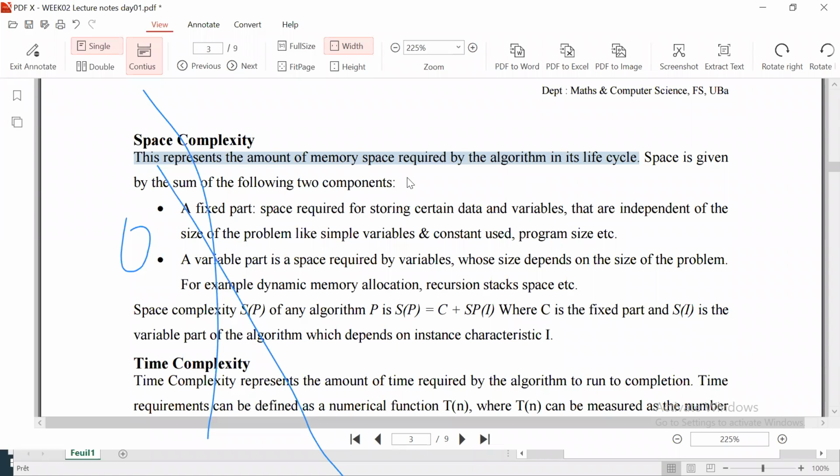And in the space complexity, you are looking at the fixed part and the variable part. It means when we talk about space complexity, we are looking at what memory size your algorithm is going to need when it runs to completion.